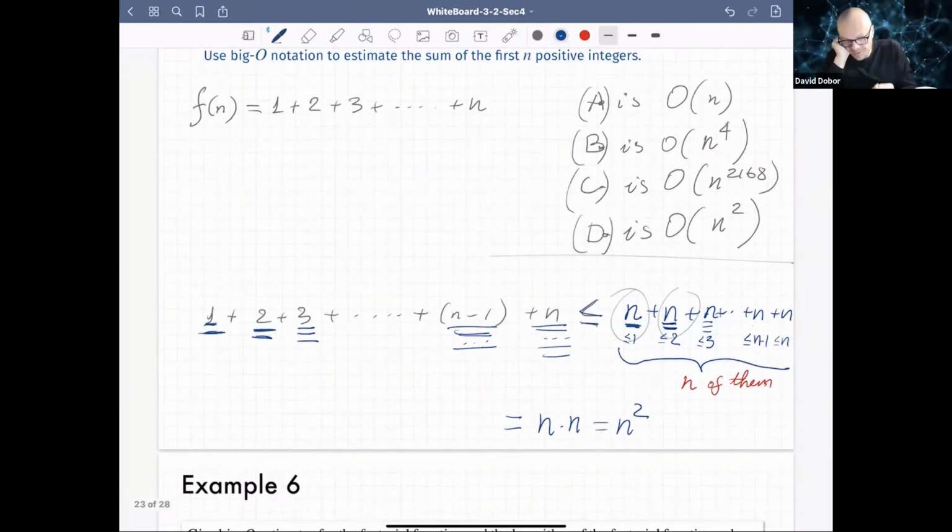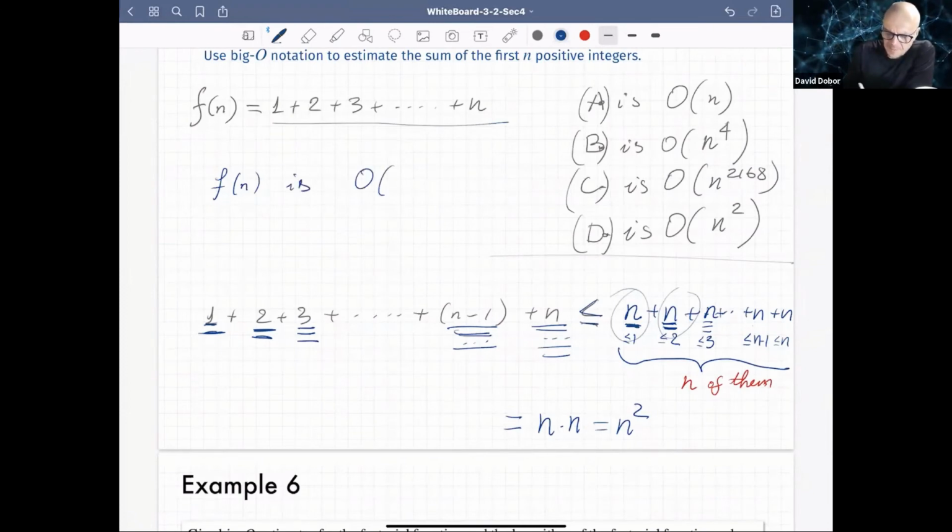Now it takes a little bit more work to show that n squared is big O of this f of n. But in this example, f of n is big O of n squared, and the converse is also true, unlike a few other examples we saw. N squared is big O of f of n.